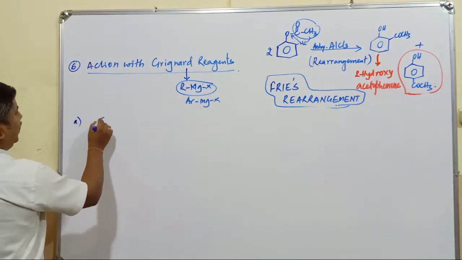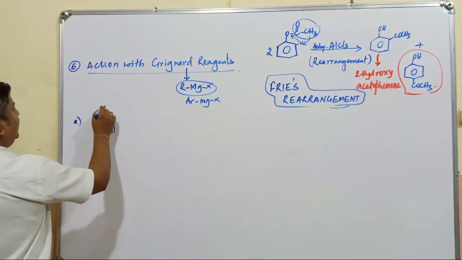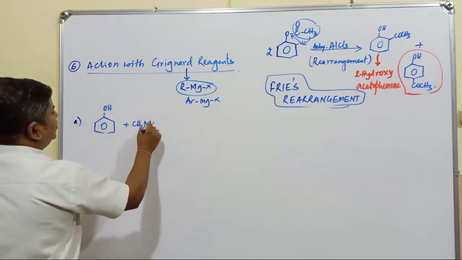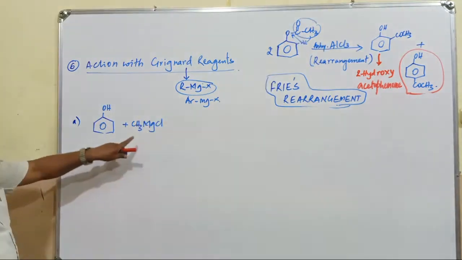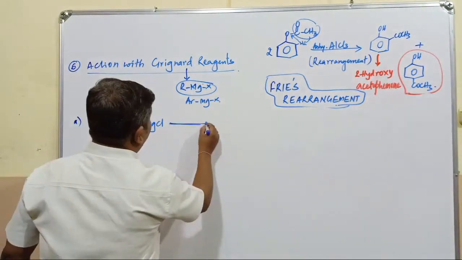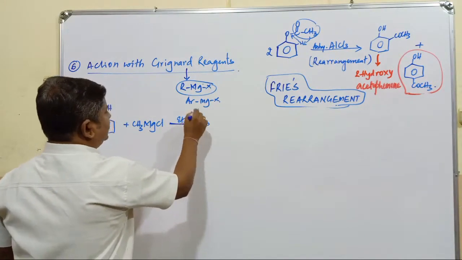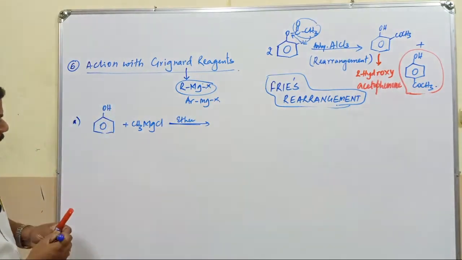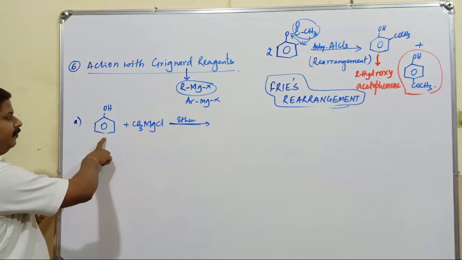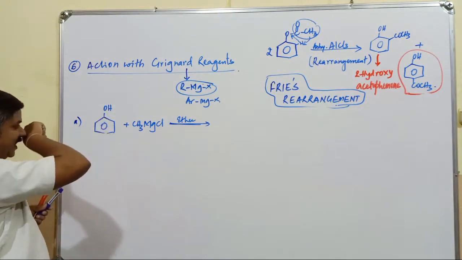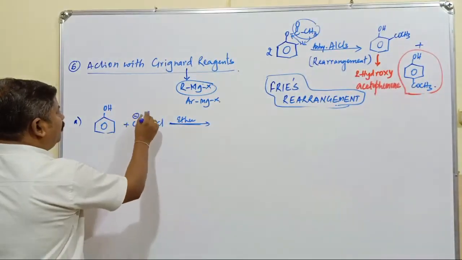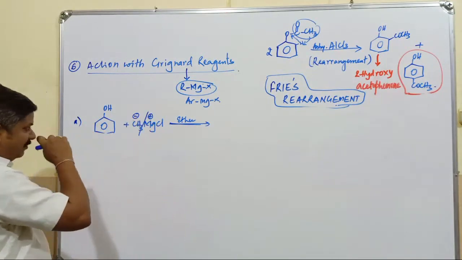If you go with one reaction, phenol combines with a Grignard reagent, that is CH3MgCl. What's the name? Methyl magnesium chloride, in presence of ether. What compound may be possible here? Phenols are acidic in nature. Acidic in nature means loss of proton takes place very easily. This proton combines with the negative part of this one, that is CH3 minus.